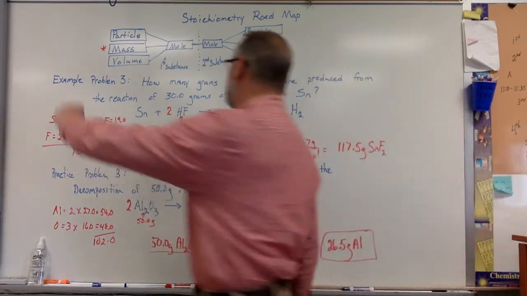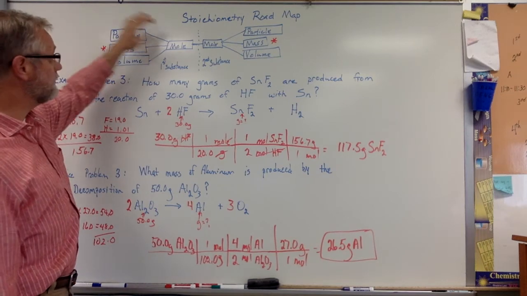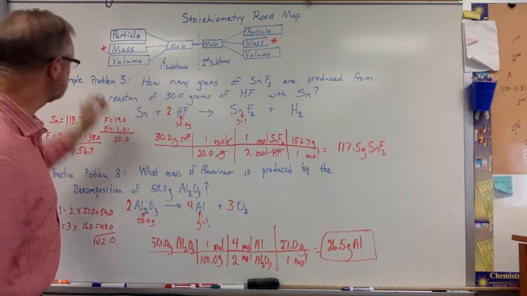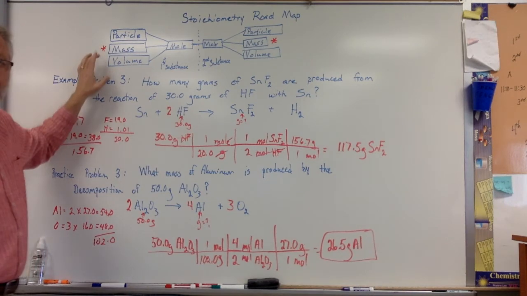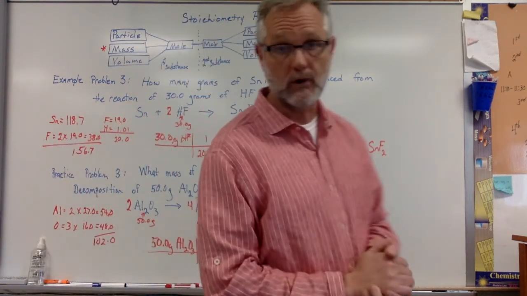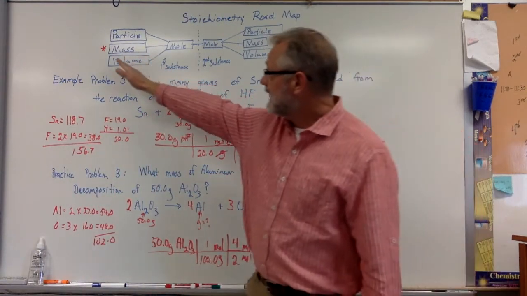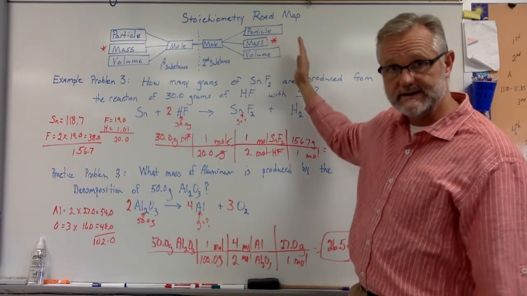I could have started with the number of particles and had to use Avogadro's number to get to moles. Or I could have started with the volume of a gas and used, at STP, 22.4 liters per 1 mole. So I can start anywhere on this side, and I can go to anywhere on this side.